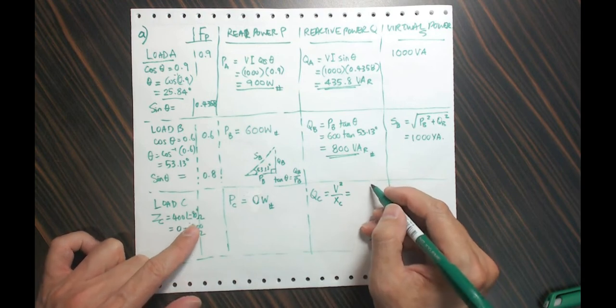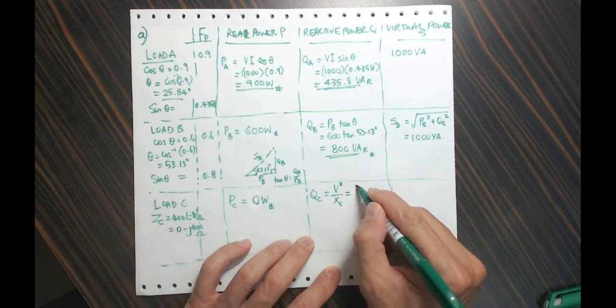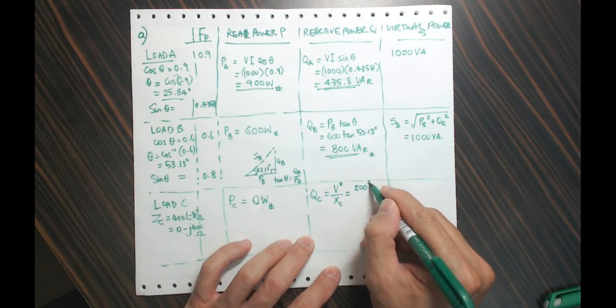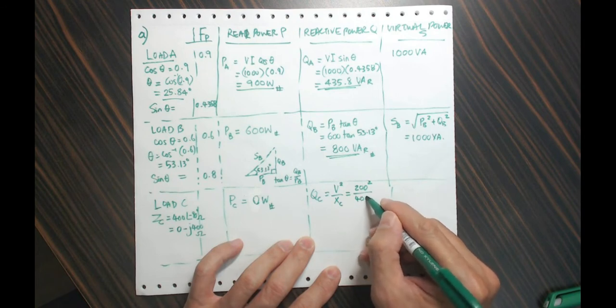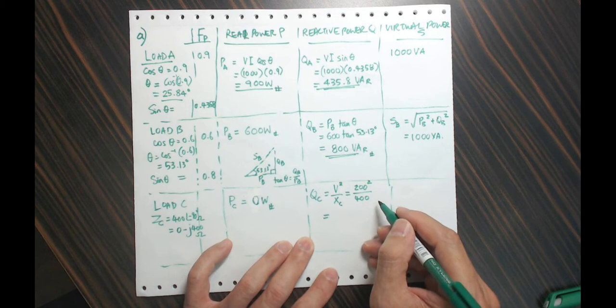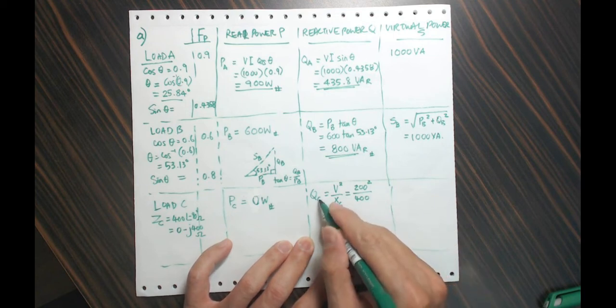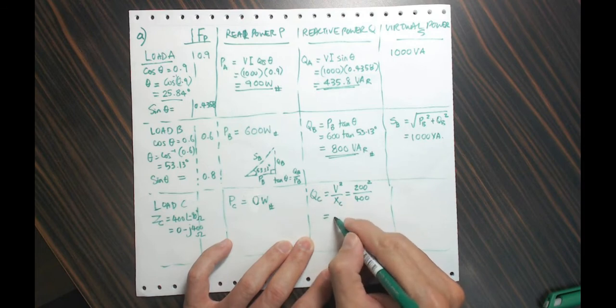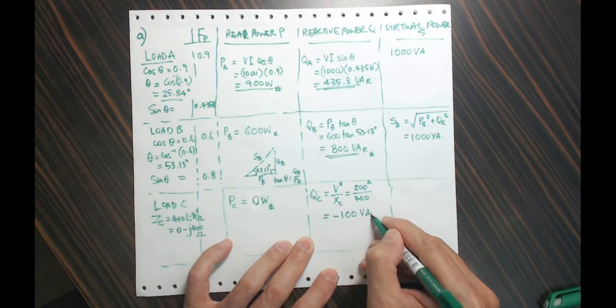So I would have the voltage, 200 volts squared, upon 400, which means QC is 100. Because QC is capacitive, I have to put in minus 100 VAR.